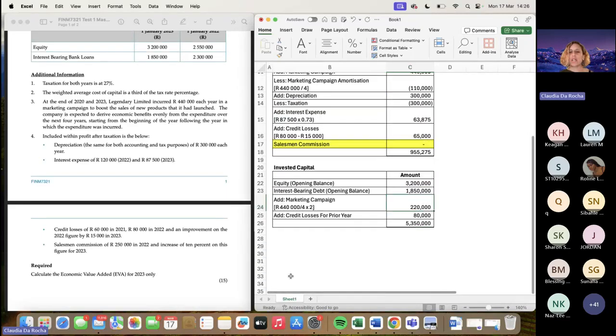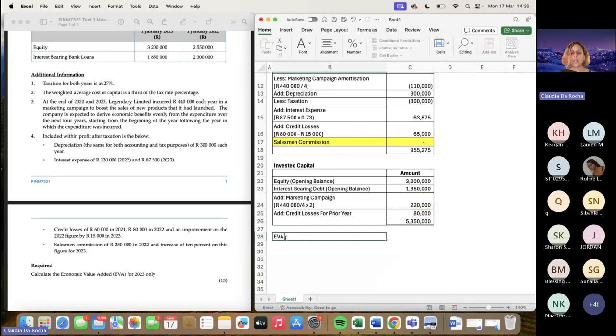So I've got here EVA is equal to NOPAT less my invested capital times my WACC. So it is equal to my NOPAT, which is 955,275, less my invested capital, which is 5,350, times my WACC.